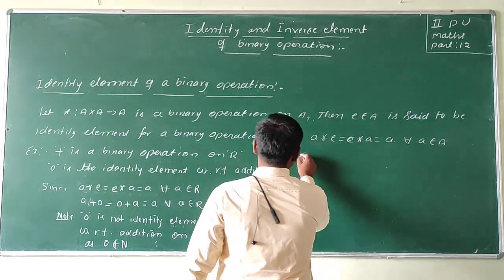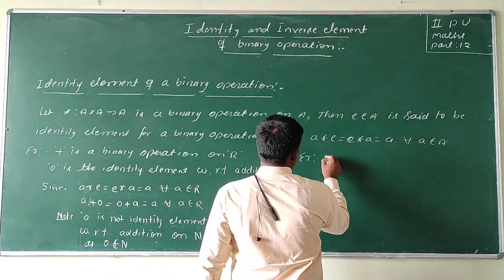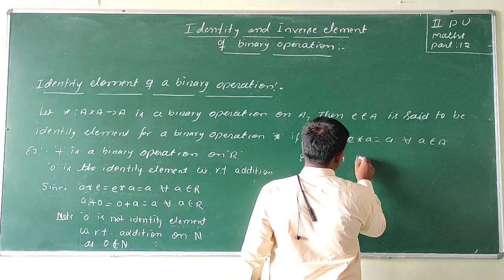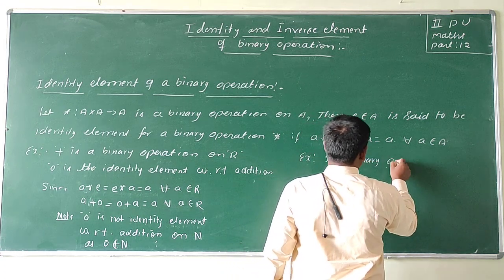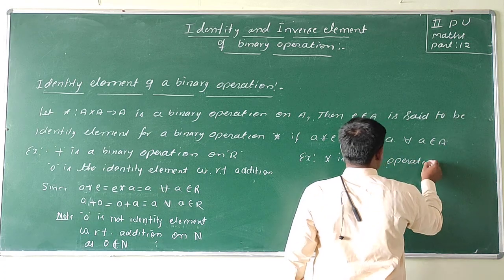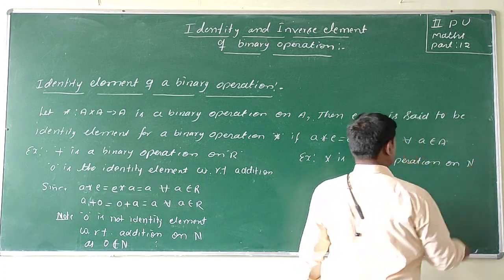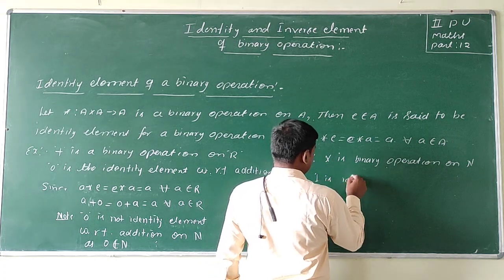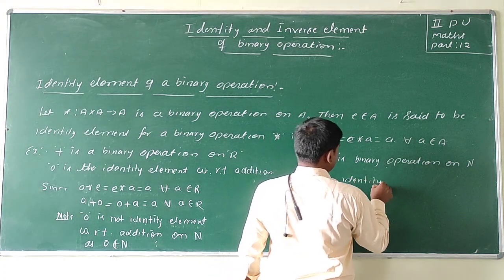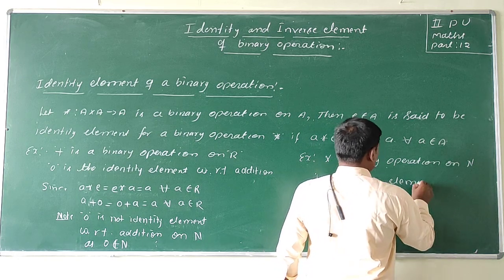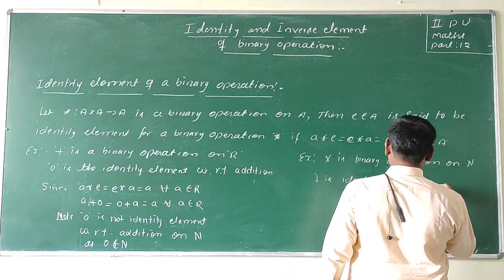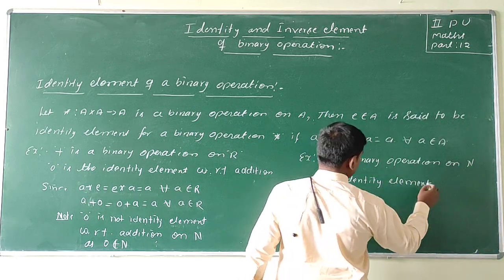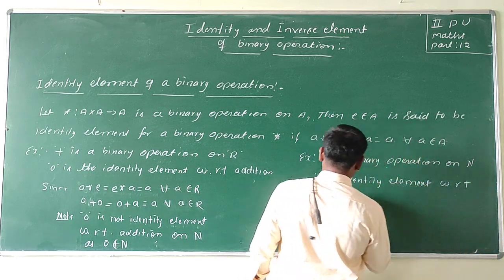One more: multiplication is a binary operation on N. So 1 is the identity element with respect to multiplication.